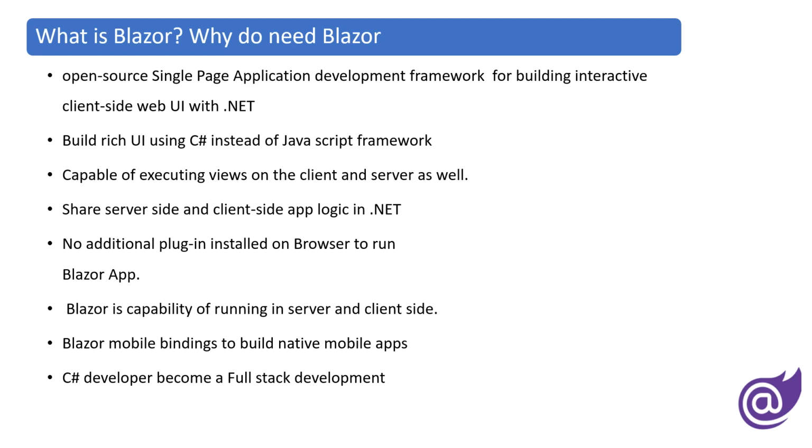If the same kind of code is shared between the client side and server side, a C# developer can become a full stack developer, and companies can utilize them for end-to-end development. That is the main advantage. That is the reason we need Blazor.